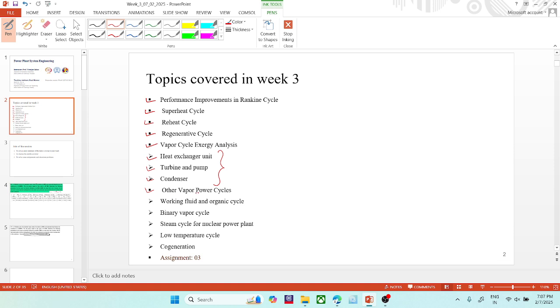Also we have looked into other vapor power cycles, like when the working fluid is an organic substance, the cycle is called the organic Rankine cycle. Then the binary vapor cycle, then steam cycle for nuclear power plant, then low temperature cycle and cogeneration, and then one assignment I will solve here in the class.